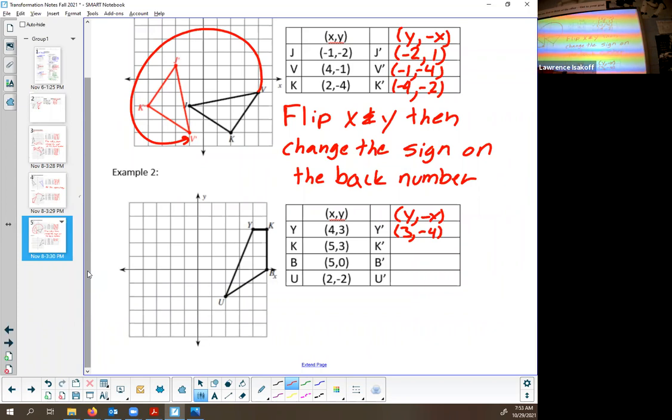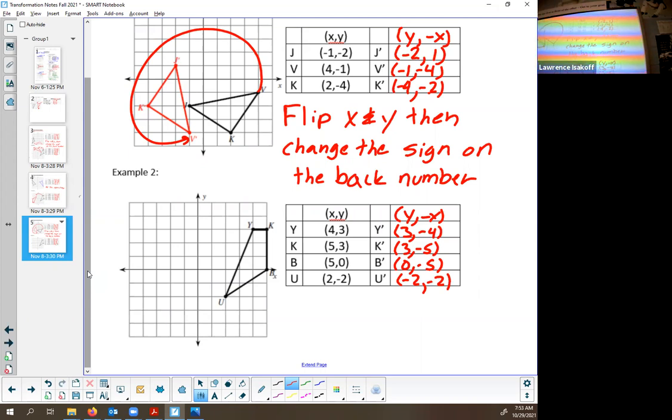So now what about this one? My next point should be 3 comma negative 5. Then I should have 0 comma negative 5. And then this one will flip. Negative 2 ends up in the front. The positive 2 ends up in the back, but then I need to change that sign. So that's negative 2, negative 2.